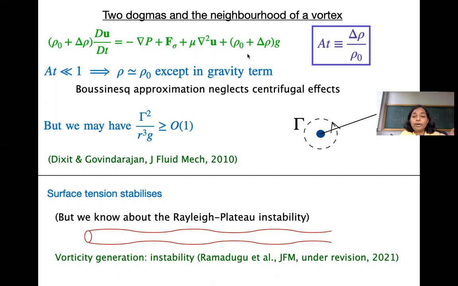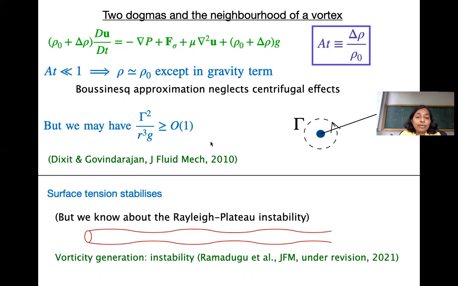Now, normally what people do is they check for this non-dimensional quantity called the Atwood number, which is the density difference divided by the density of one of them. And if their densities are not too different, that means Atwood is much, much less than 1, what they say is that you can make the Boussinesq approximation. In the Boussinesq approximation, you throw away this delta rho term and you keep only this one, which is in gravity.